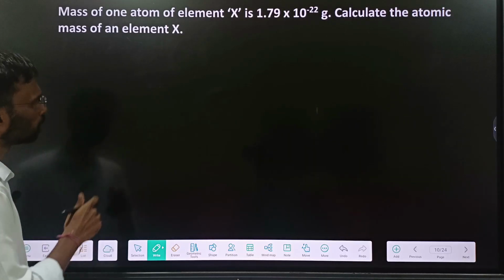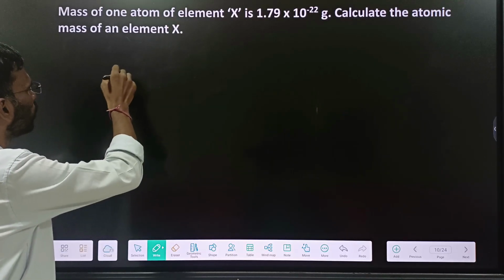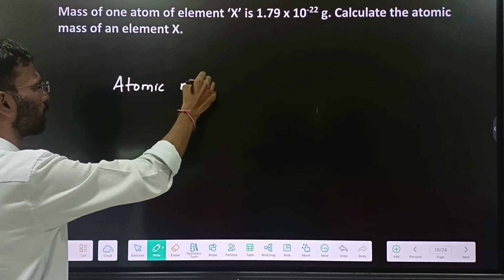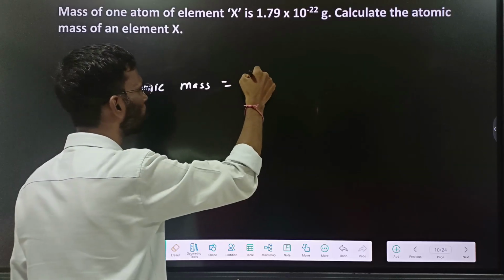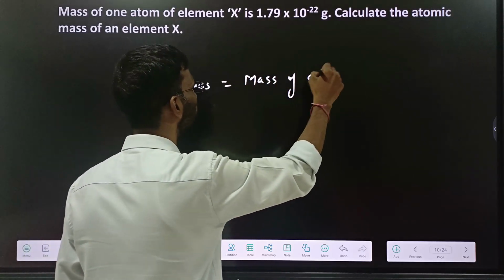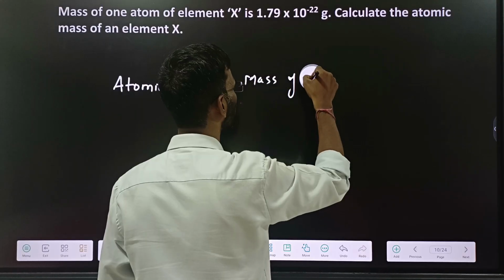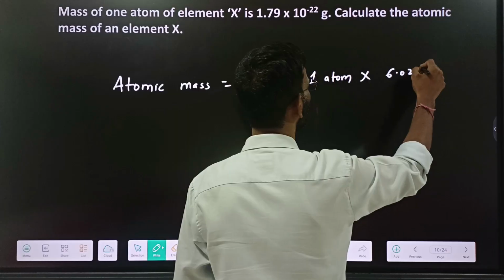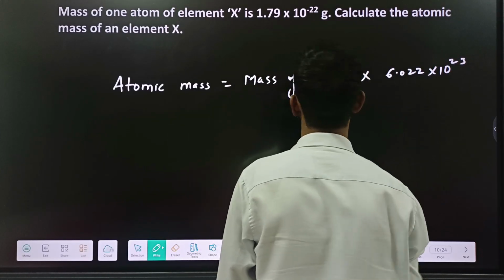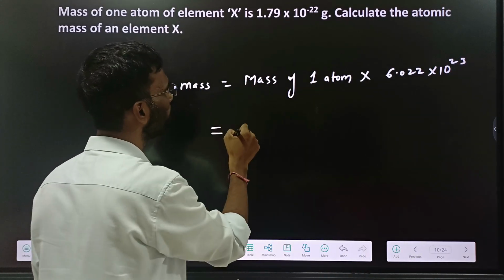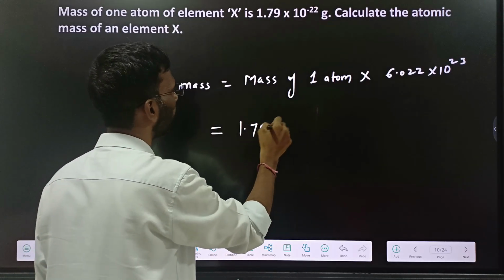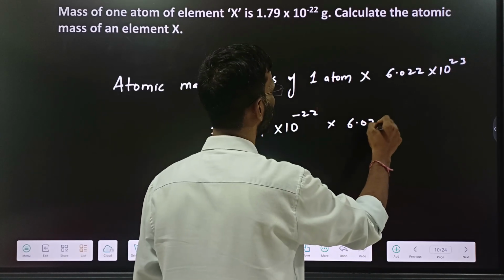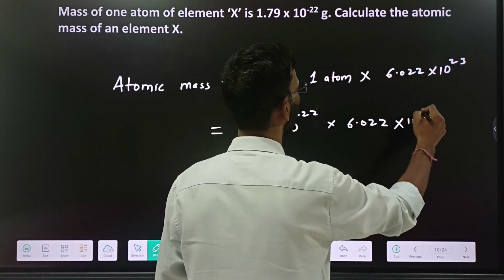So, when we talk about the atomic mass, what is it? It is the mass of one atom into 6.022 into 10 raised to 23. So what is the mass of one atom? Mass of one atom is 1.79 into 10 raised to minus 22, and this is 6.022 into 10 raised to 23.